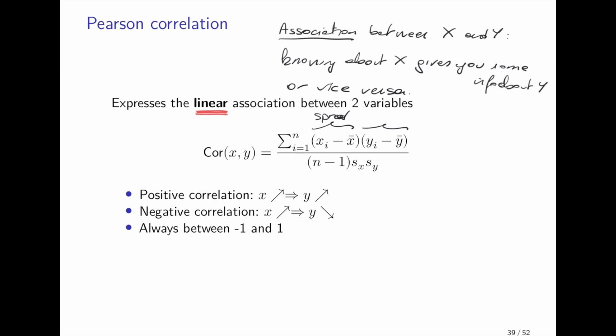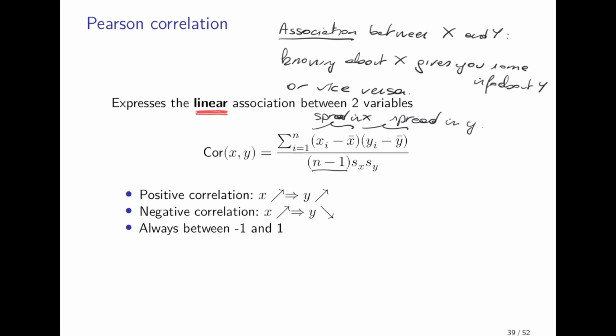So here we have spread in x, and here we have spread in y. And then we sum over all the data points, we divide by n minus 1 times the standard deviation of x, standard deviation of y.